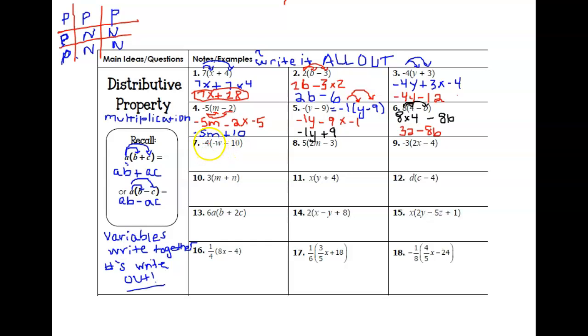A -4. Again, that's telling me to distribute it into everything in the parentheses. Okay, I'm going to write it all out. If it's a variable, I just write them together. If it is numbers, I'm going to write it out. So this is saying -4 W. I just write it out.